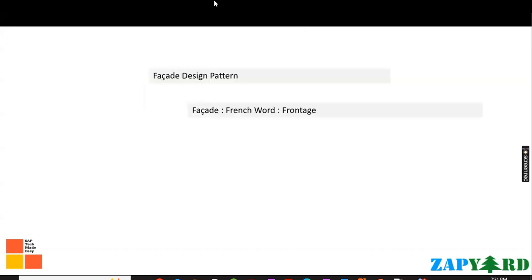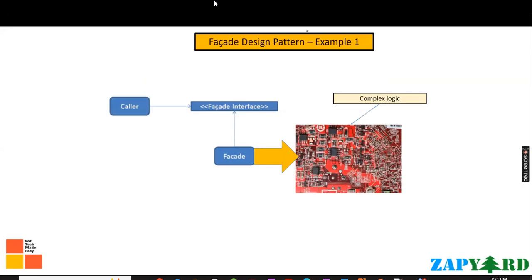In the object-oriented way, to implement the facade design pattern, we generally create one class where we implement all the logic. And if we have to implement another class, we use it inside this facade class. We give this facade class to the end developer, the caller, and they start using it.